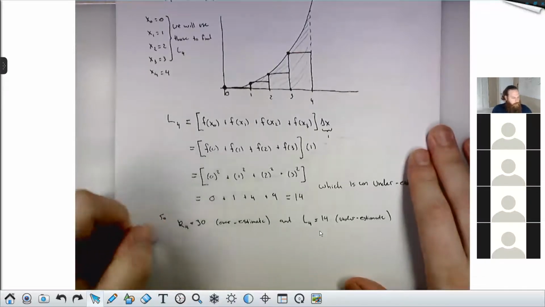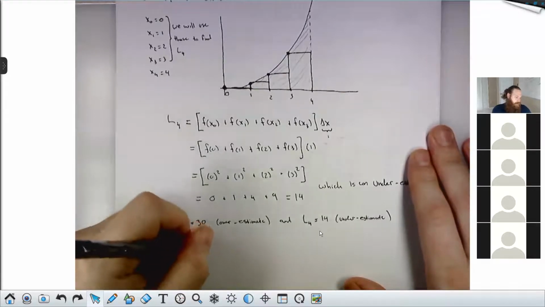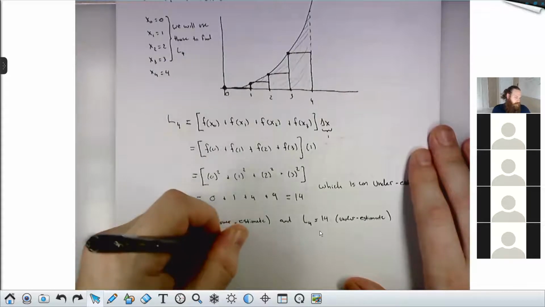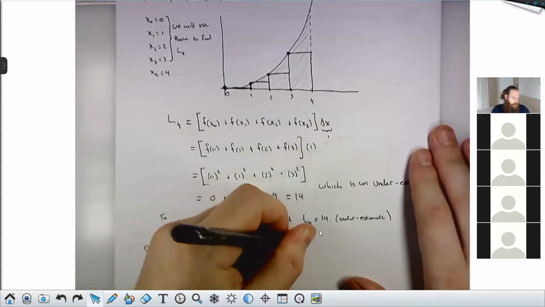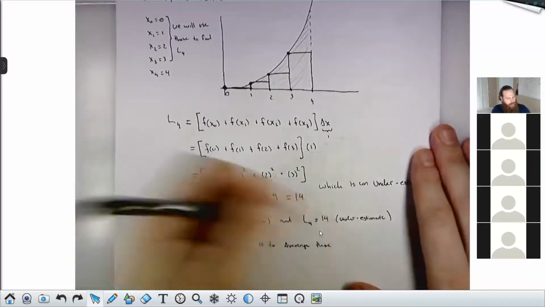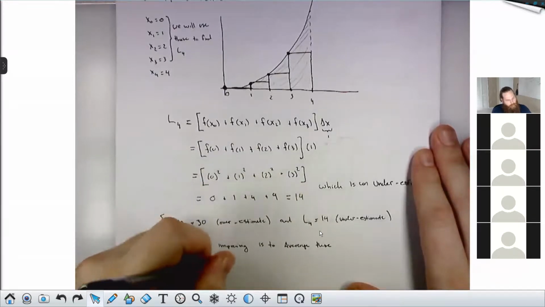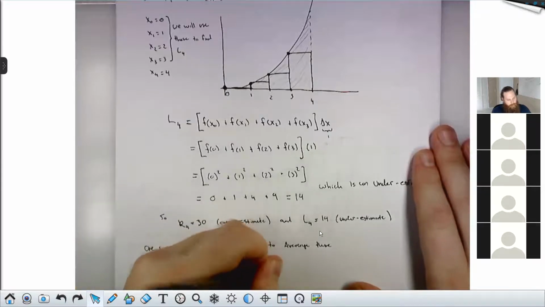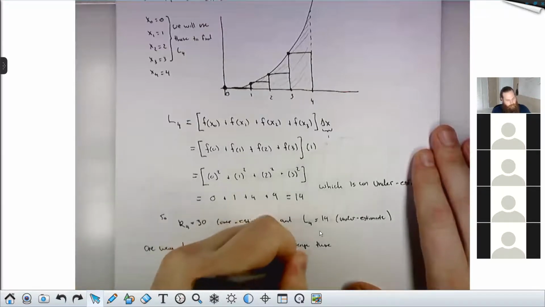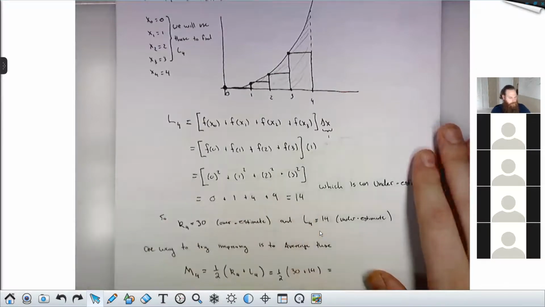So the midpoint, one way to try improving this is to average these. And we call that M4. M4 is the average of R4 and L4, which is 1/2 of R4 plus L4, which is 1/2 of 30 plus 14. 30 plus 14 is 44.